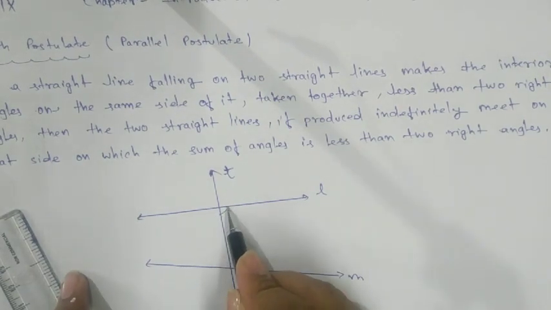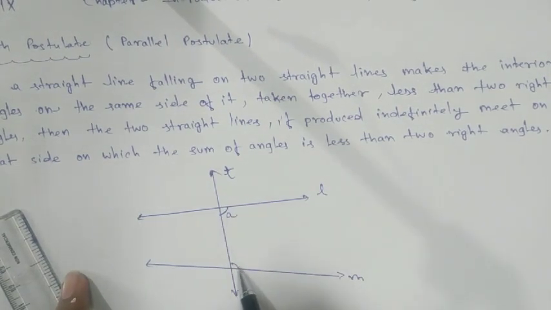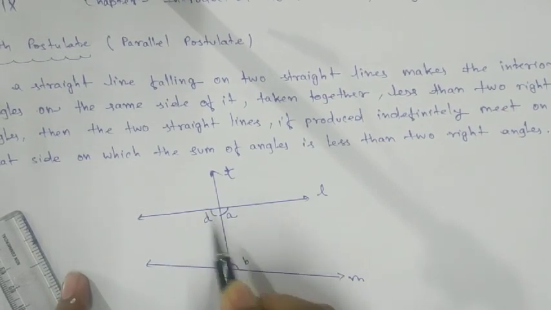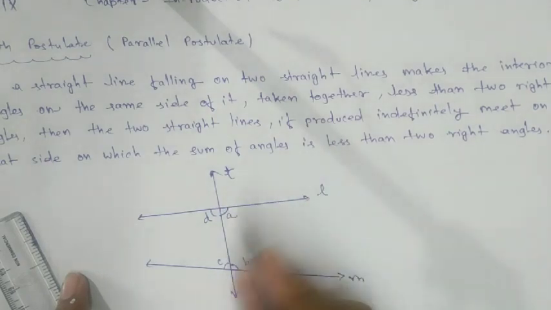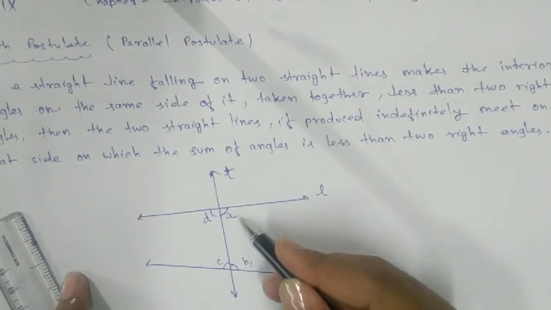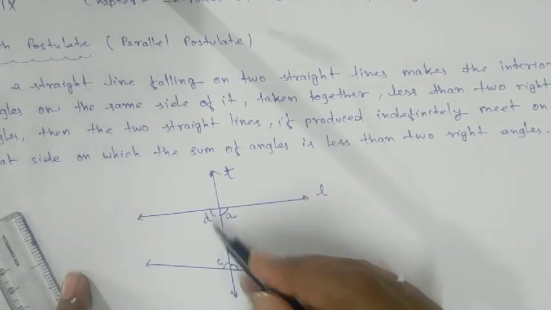These are the interior angles A, B, C, D. On the same side you can see A and B are on the same side, and C and D are on the same side.